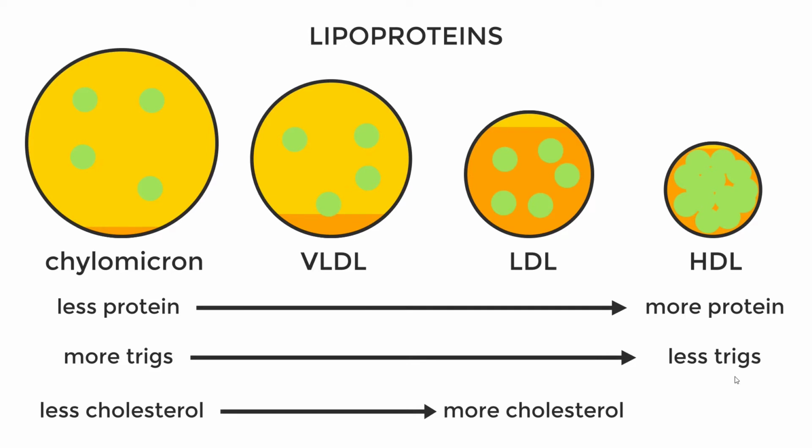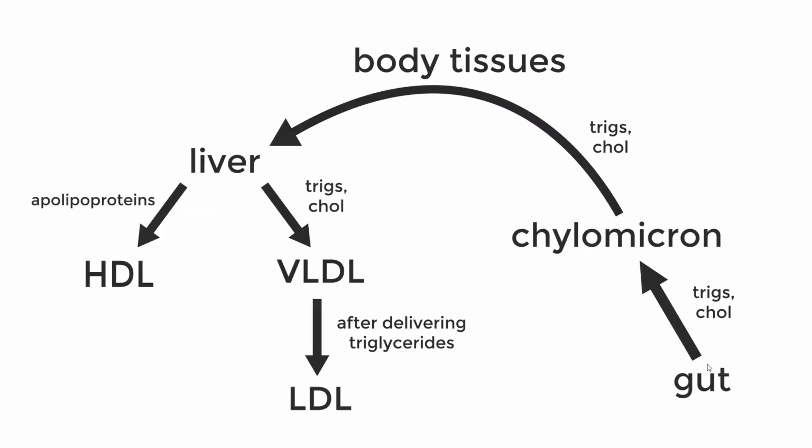Now let's see where the lipoproteins come from. As we know, lipids are absorbed in the gut from food. There are many different things that qualify as lipids, but the main ones we care about are triglycerides and cholesterol. The cells lining the intestinal tract absorb lipids and package them into those tiny particles we were talking about called chylomicrons.